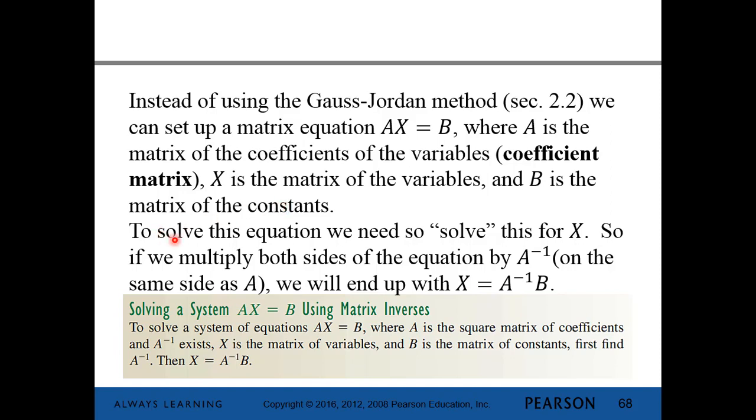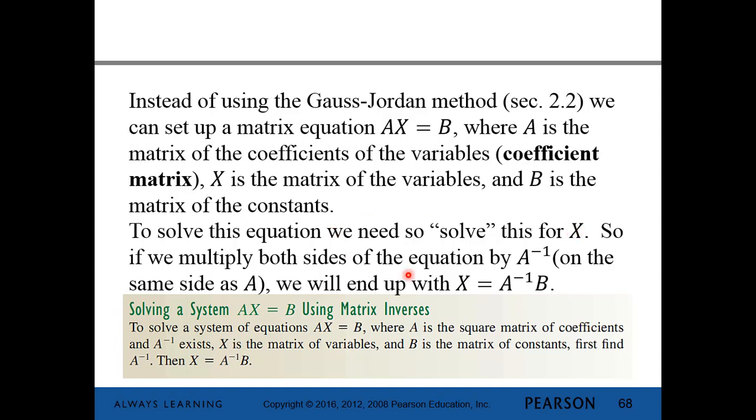To solve this, we need to solve for X, which means we need to figure out what the matrix values are for X, because X is the variable matrix, the matrix of all the variables.